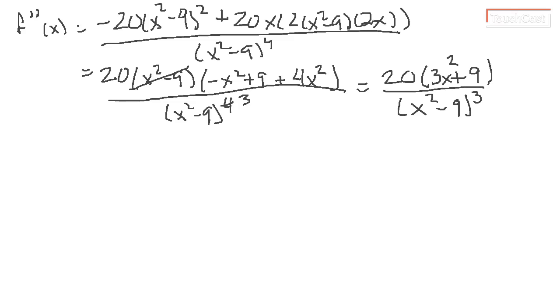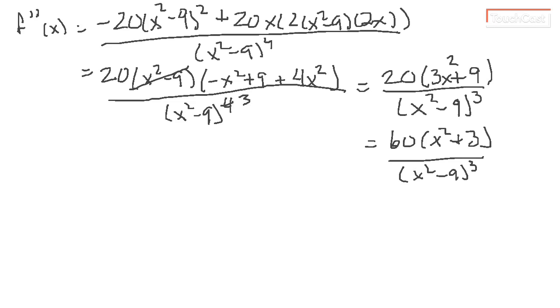Now we can leave it like that, that's fine, but we can also factor a 3 out from the top, the 3x squared plus 9. Make this 60 times x squared plus 3 over x squared minus 9 cubed. It's not a big deal.